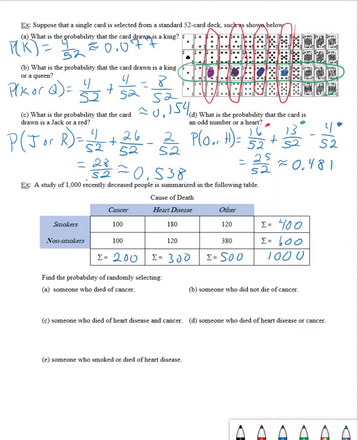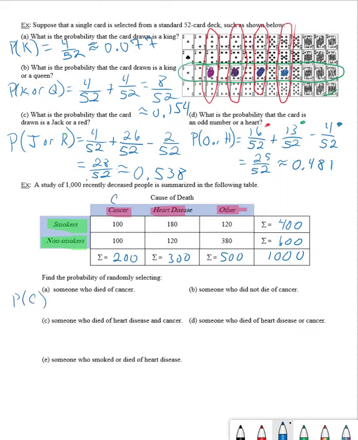The cause of death here could have been either cancer, heart disease, or other. And then we're also going to have that some of these people were smokers and some of these people were non-smokers.